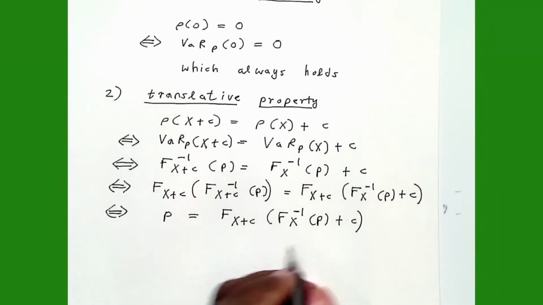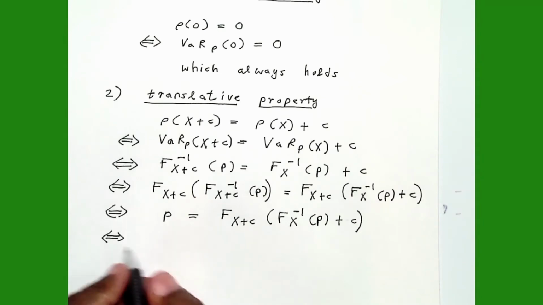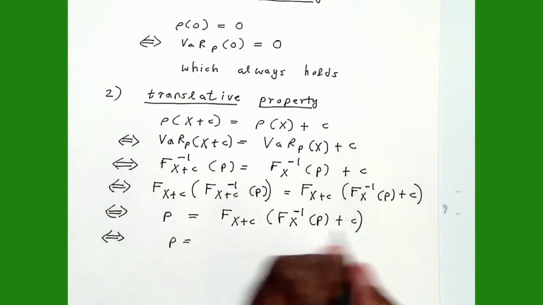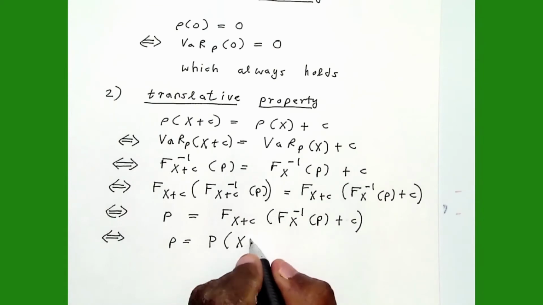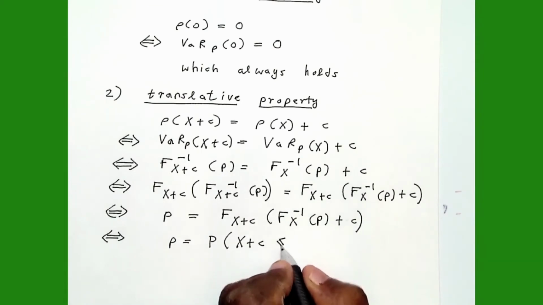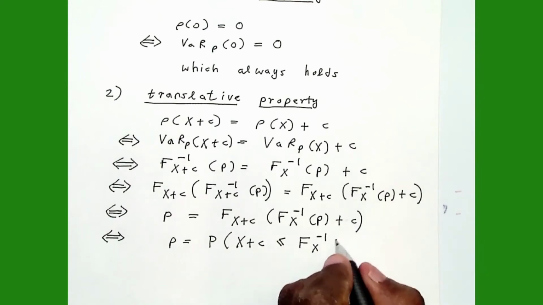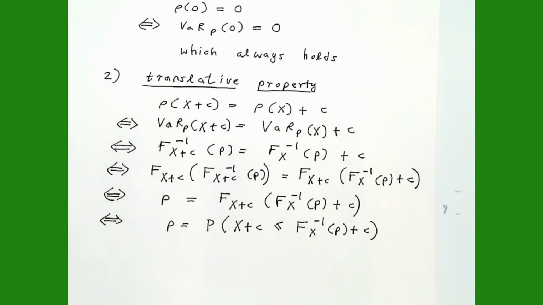And the right hand side you can write as follows, because this is a CDF of X plus c at this, which is the same as saying that the probability that X plus c is less than or equal to c. All right.